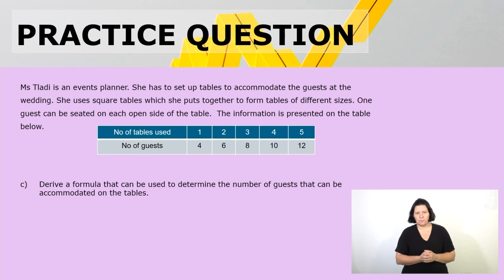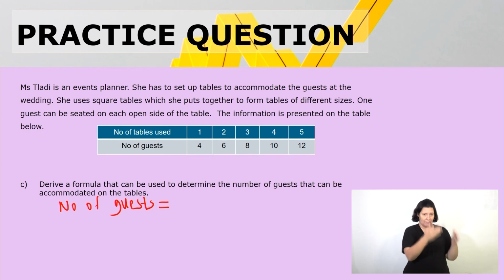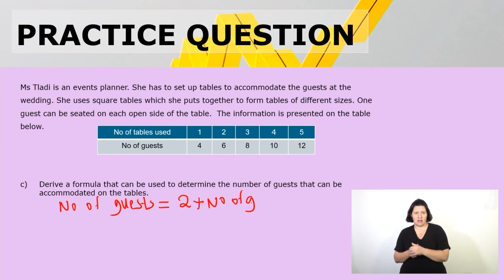Derive a formula that can be used to determine the number of guests that can be accommodated on a table. Right. This is what we can say. Number of guests will be equal to 2 plus number of tables multiplied by 2. That will be the formula that we will use.